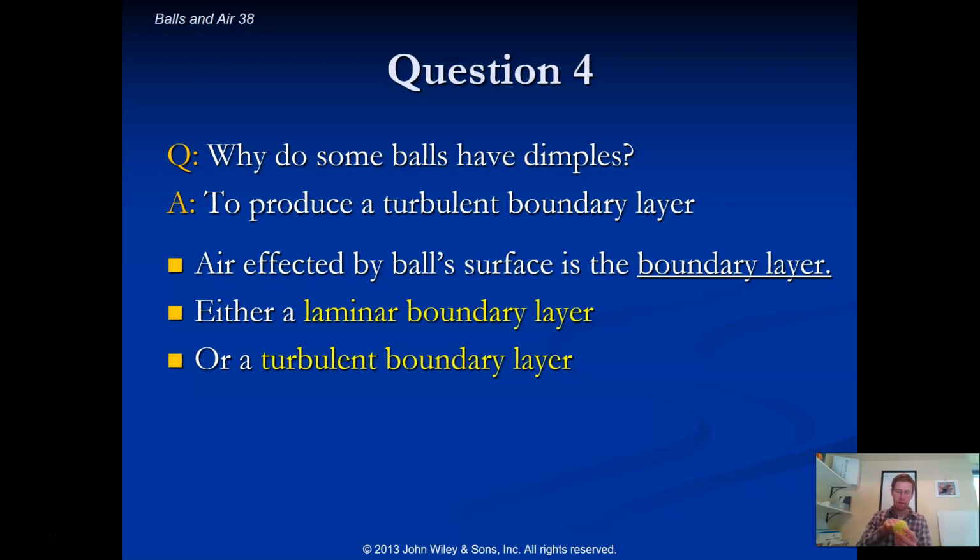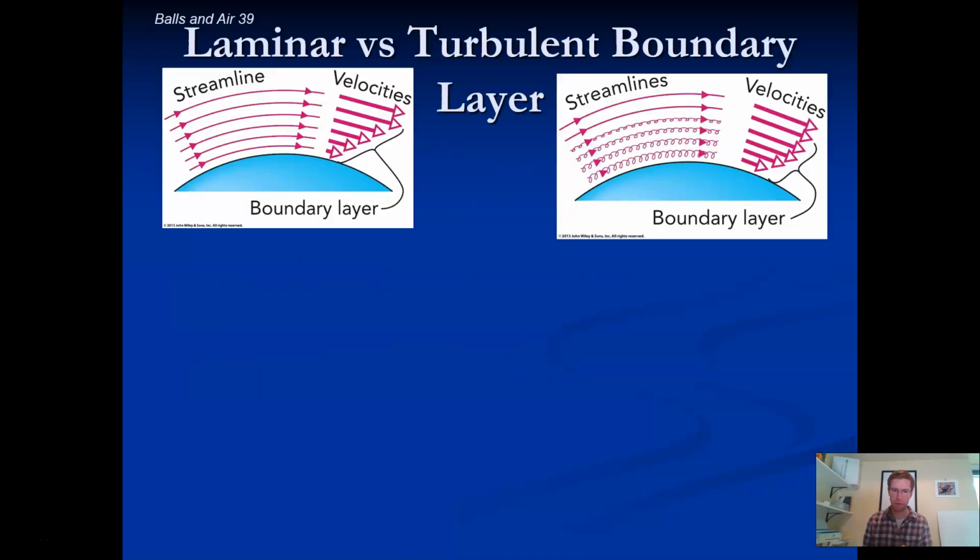And if your air is turbulent on the surface, then it's sort of tumbling along the surface. So you can think of a laminar boundary layer as air rubbing along the surface, and a turbulent boundary layer as air rolling along the surface. A turbulent boundary layer is like a little wheel rolling, reducing friction on the surface, whereas a laminar boundary layer is like rubbing, and that has more friction along the surface.